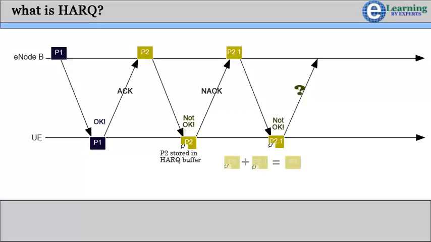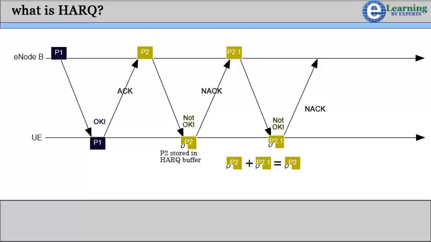Does combining these two packages, P2 plus P2.1, give us the complete information? Yes. So we send an HARQ ACK. But if the combination of these two packages still does not give us the complete information, the process must continue, and another HARQ NACK is sent.